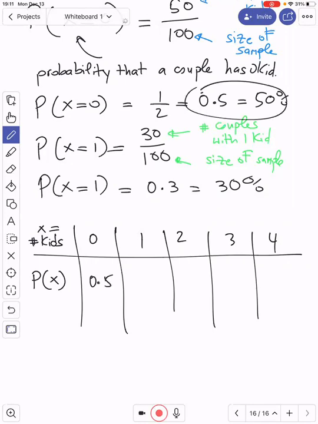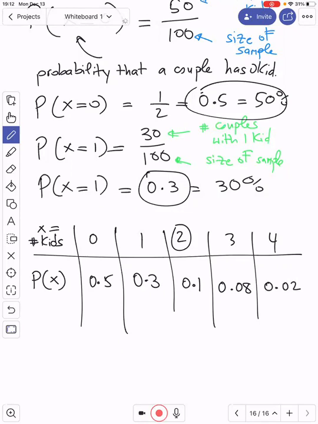The probability that a couple has 1 kid is 30 over 100, that's 0.3. For 2 kids, we have 10 couples, so 10 over 100, that's 0.1. For 3 kids, we have 8 couples, so 8 over 100, that's 0.08. And finally, we have 2 couples with 4 kids, so 2 out of 100, that's 0.02.